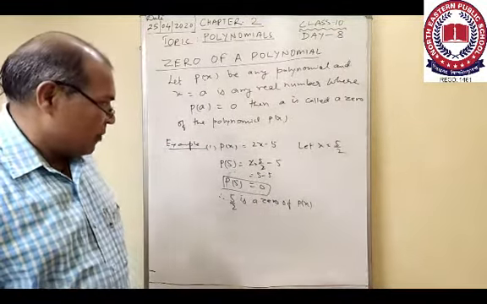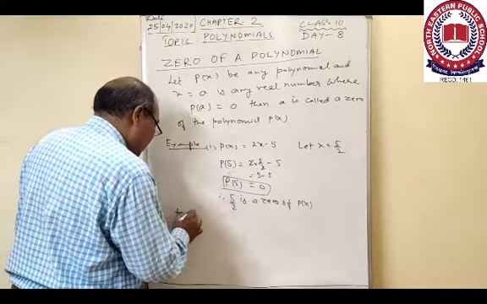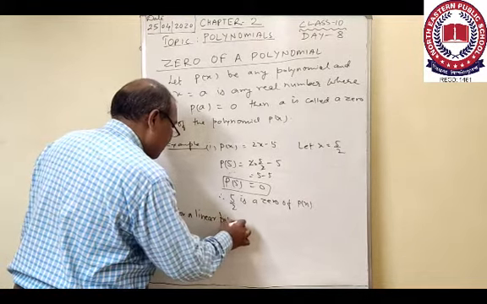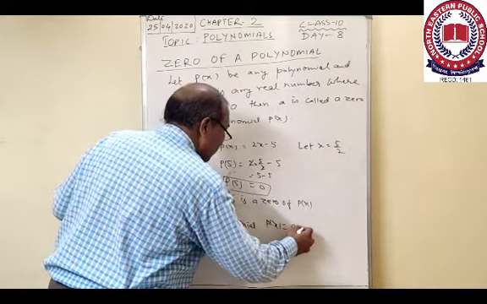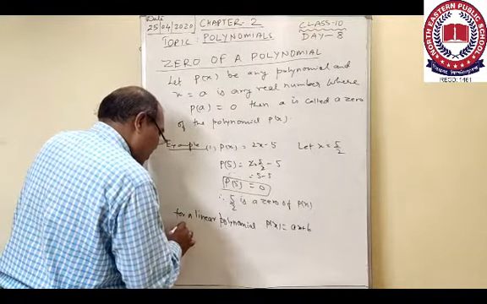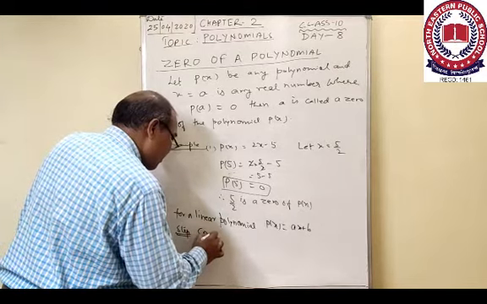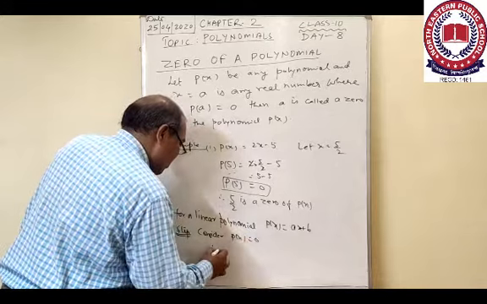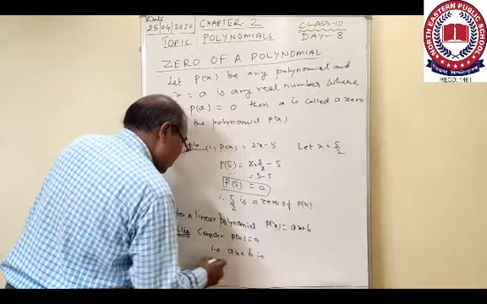So first I am telling one more standard example for a linear polynomial, P of x is equal to ax plus b. Step 1 is to consider P of x equal to 0. So ax plus b equal to 0.